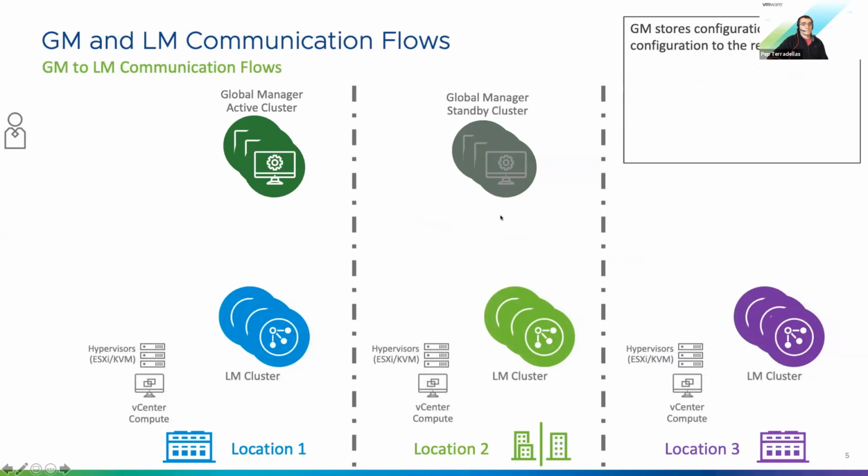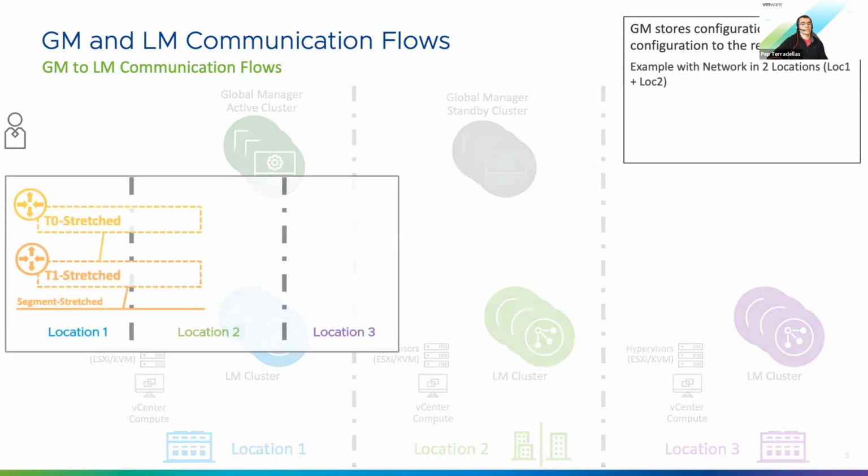So how do communication flows work between global manager and local manager? For instance, a user can configure directly on global manager, and then that configuration is pushed to the local manager. Imagine you want to create this scenario, right? A standard multi-tier configuration across 2 locations.